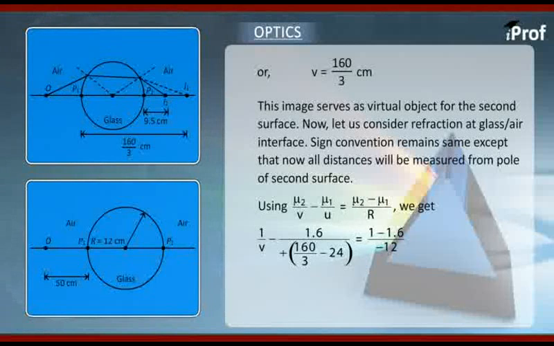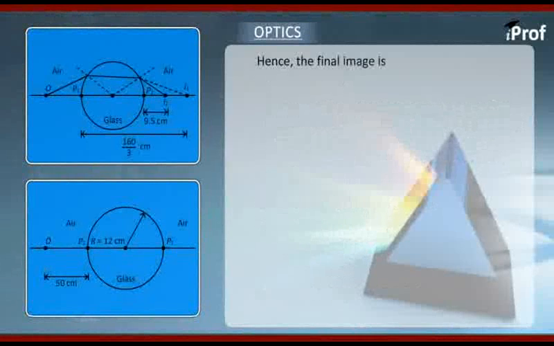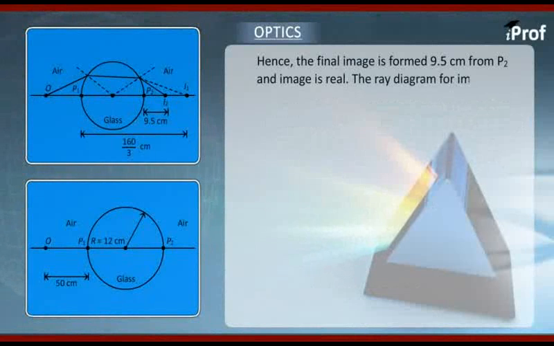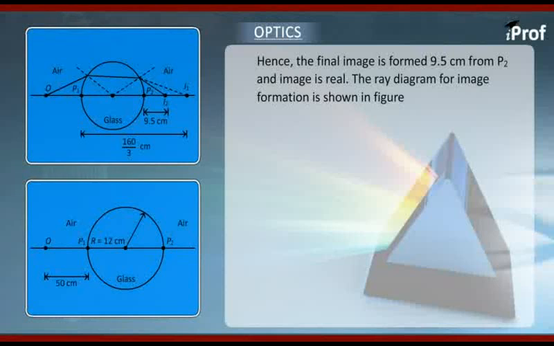So here we'll write it as plus (160 by 3 minus 24). 12 centimeter is the radius of the sphere, so we subtract the diameter, which is 24, is equal to (1 minus 1.6) divided by minus 12. This on simplification gives us plus 9.5 centimeters. That means the final image is formed 9.5 centimeter towards the positive direction from the pole of the second refracting surface. A proper ray diagram is shown on the screen.